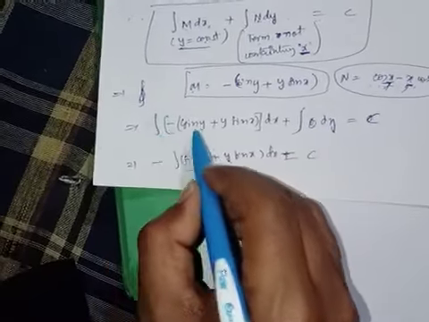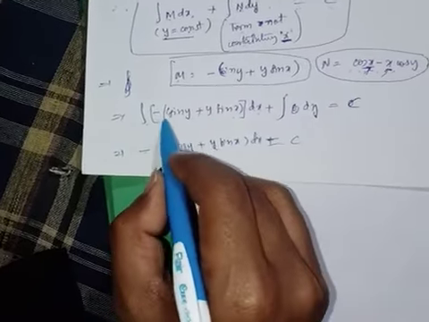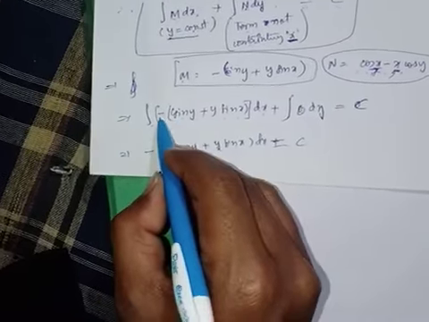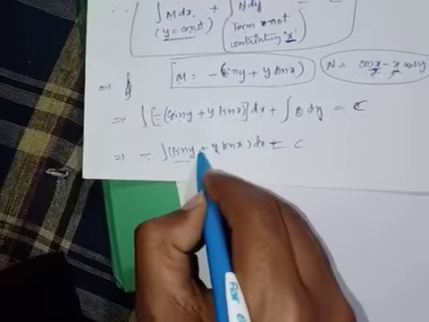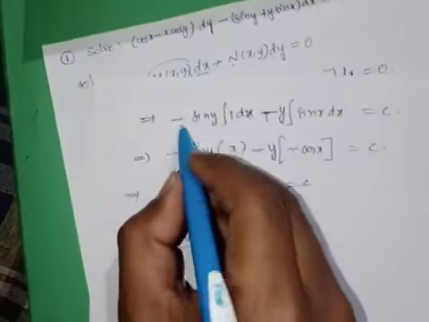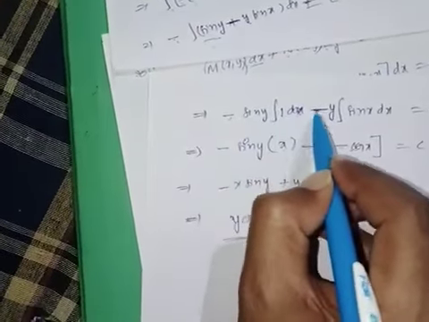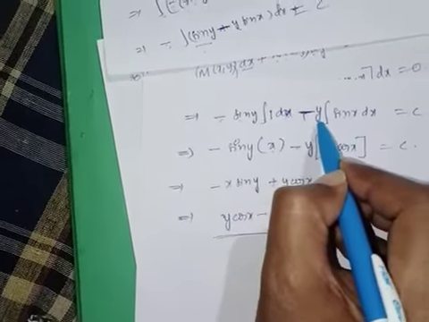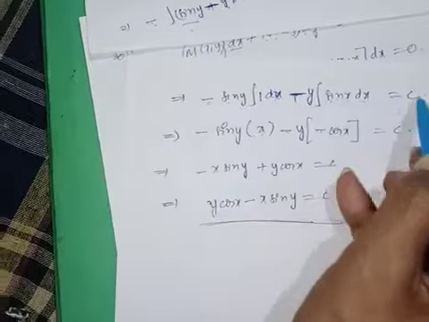The remaining is integral of m dx. So split the integral, first one and second one. The negative applies to both values, so split the negatives too. Here we treat y as constant: negative sin y integral of 1 dx, negative, y is constant so take it outside, y into integral of sin x dx is equal to c.